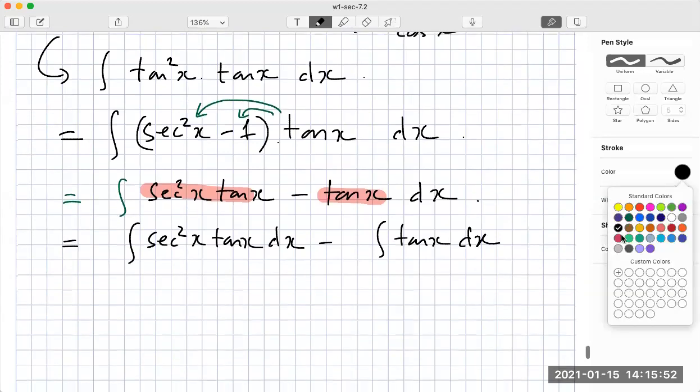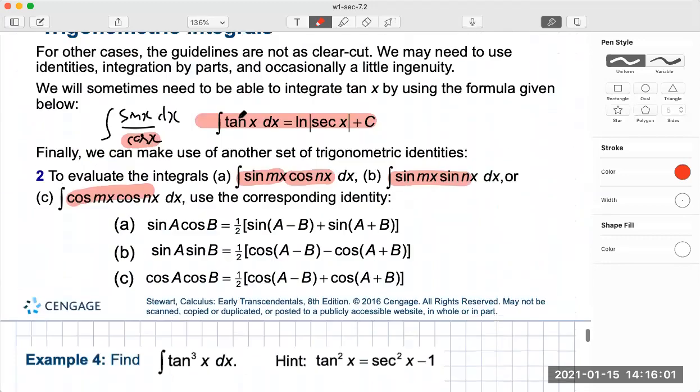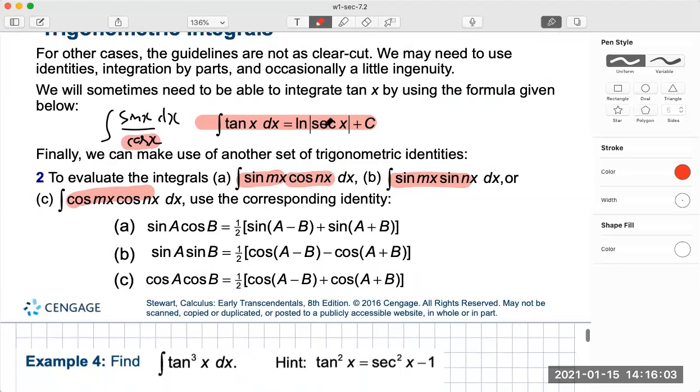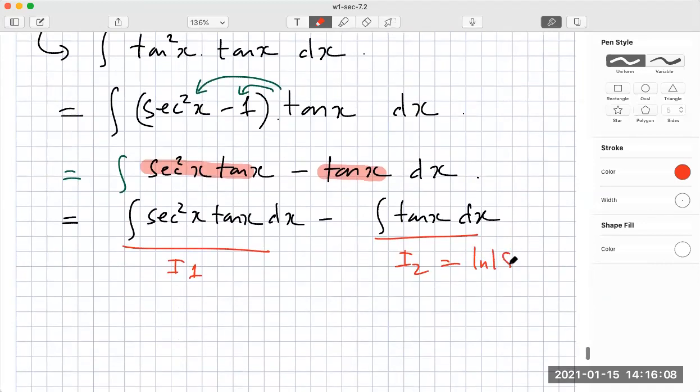Okay, let us call it I1, and this is I2. And we know from this previous formula here, it is natural log of absolute secant x here, right? Leave it here.